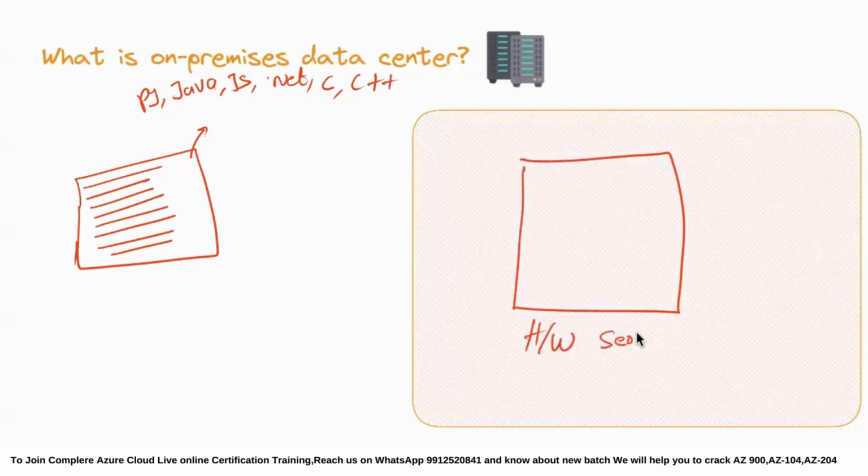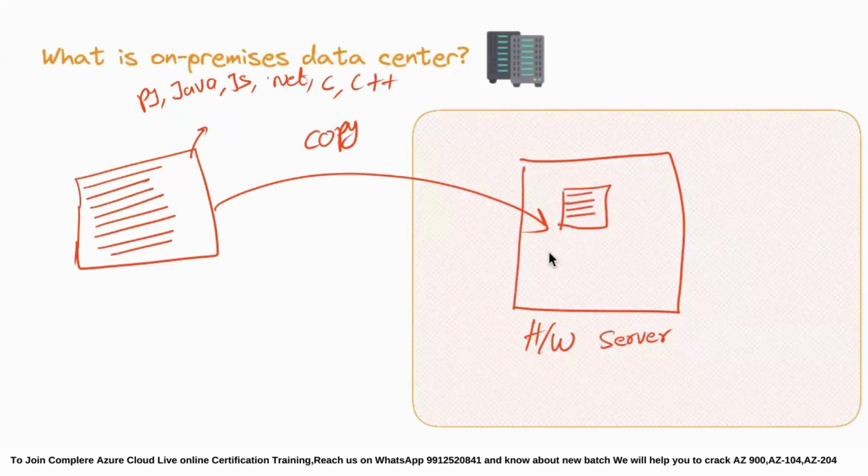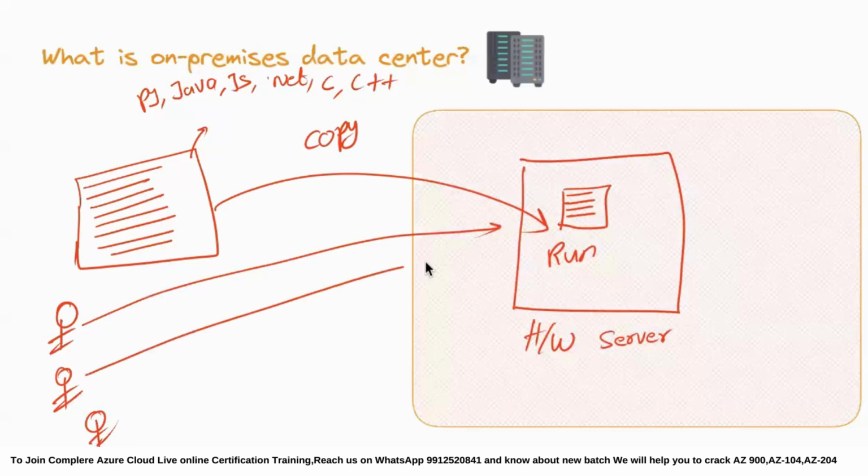to a dedicated hardware server. This server has CPU, RAM, storage, disk, internet connection, and so on. They copy the files to this hardware server and run them, just like how you run your application locally. Then they allow users to access this particular server.